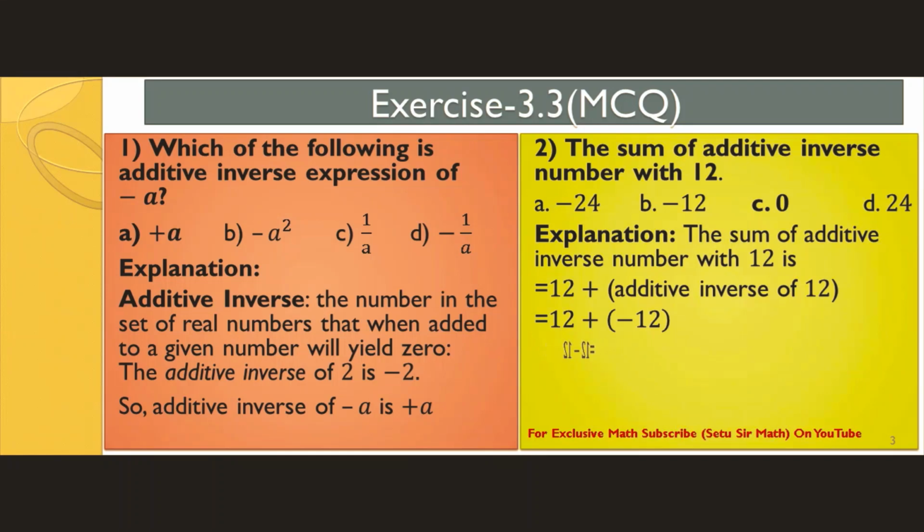And if we do it without the bracket, plus and minus would be minus. Already you learned this sign formula, plus and minus would be minus. So from 12, if we subtract 12, we will get 0. This is the answer.